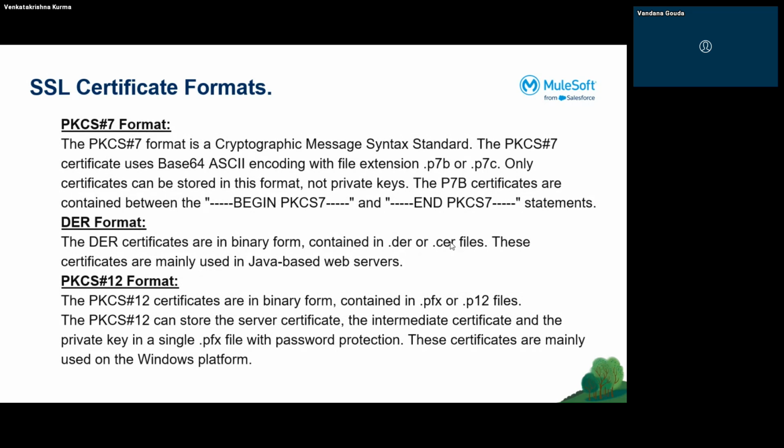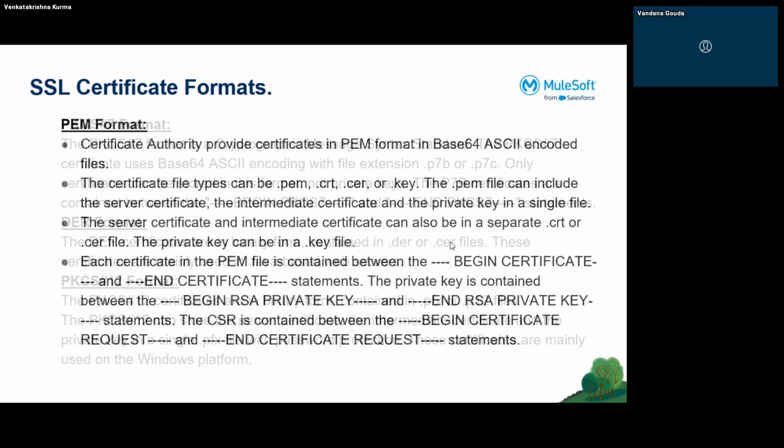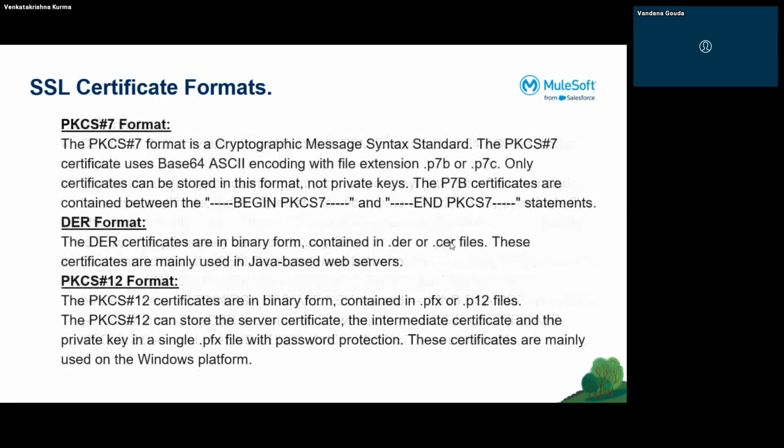This is also the same as the .pem format: it also has a base 64 ASCII encoding file extension, and it has the .p7b and .p7c stored formats. It also starts with begin PKCS 7 and ends with end PKCS 7.